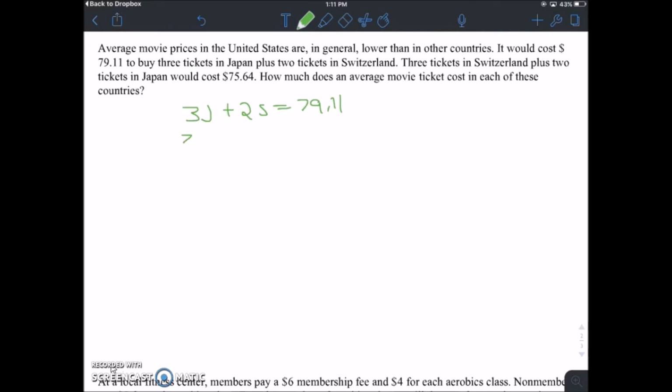3 tickets in Switzerland plus 2 tickets in Japan equals $75.64. And I think the easiest way to go for this one is elimination. It's a little tougher.